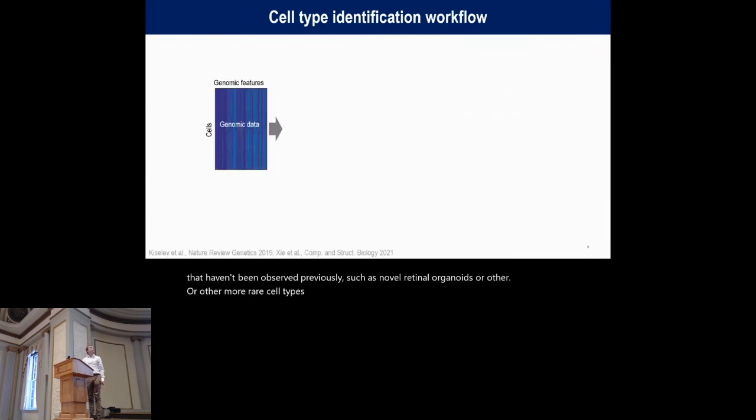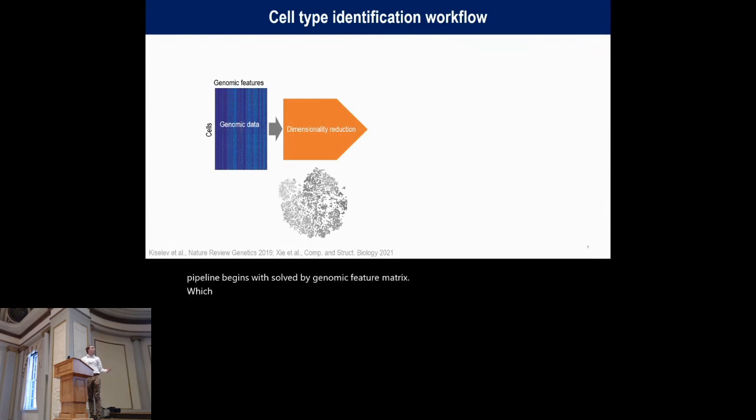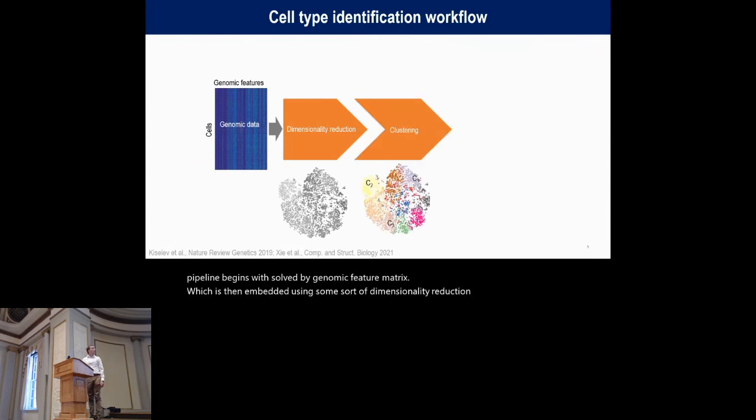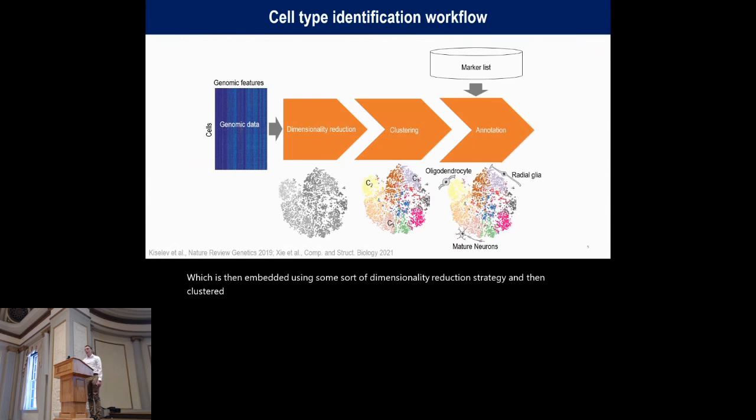A typical workflow for the cell type identification pipeline begins with a cell by genomic feature matrix, which is then embedded using some sort of dimensionality reduction strategy, and then clustered. Then these clusters are annotated using marker genes, usually from a marker gene list.